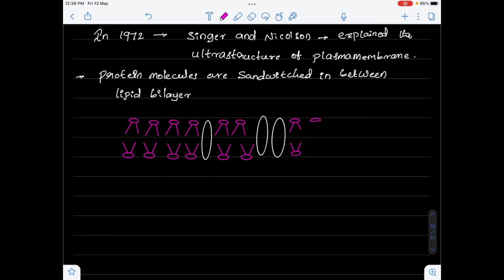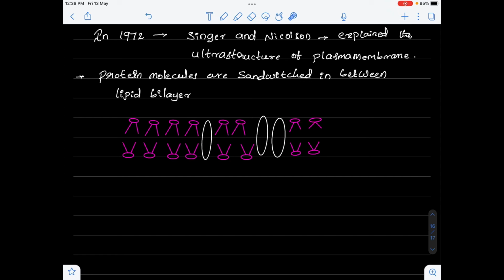Between these two layers, we can see some white colored molecules. These are protein molecules. These protein molecules are sandwiched in between the lipid bilayer. So this is one lipid layer and this is the another lipid layer.